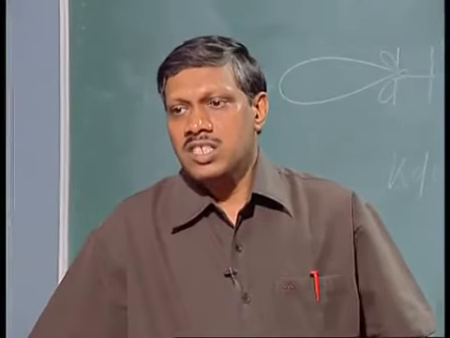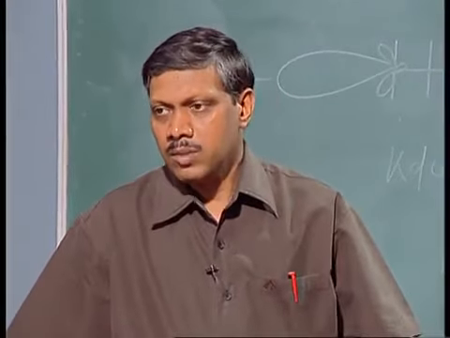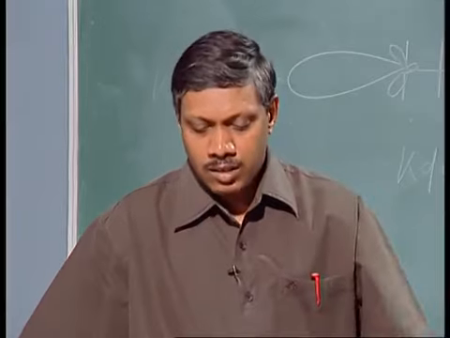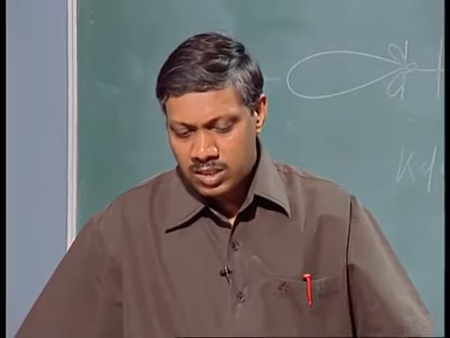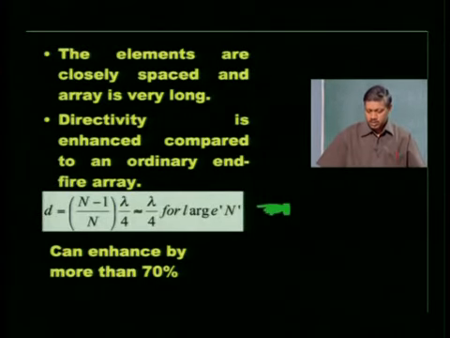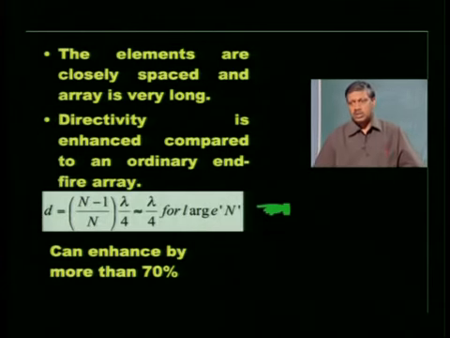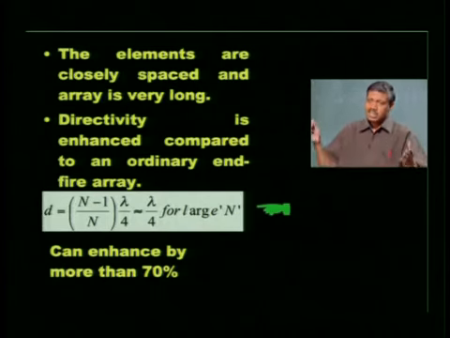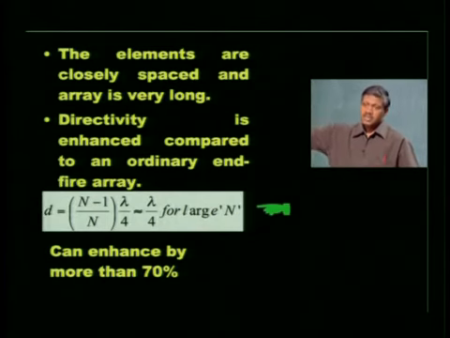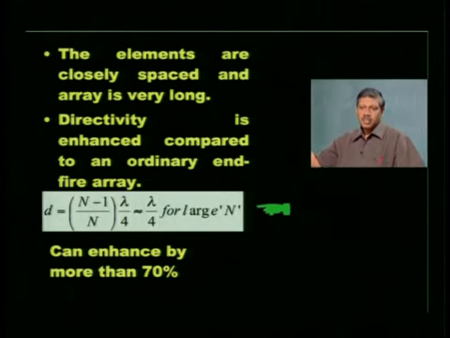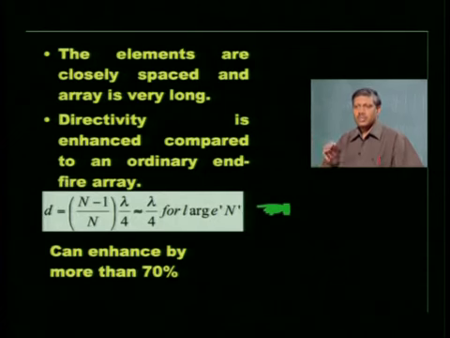Here the directivity is a function of the separation between the elements, and in normal circumstances it is given as n minus 1 by n into lambda by 4, but the Hansen-Woodward condition is valid for a large array. When you are comparing a large array, obviously n minus 1 divided by n will be nearly equal to 1, because n minus 1 and n will be nearly equal.